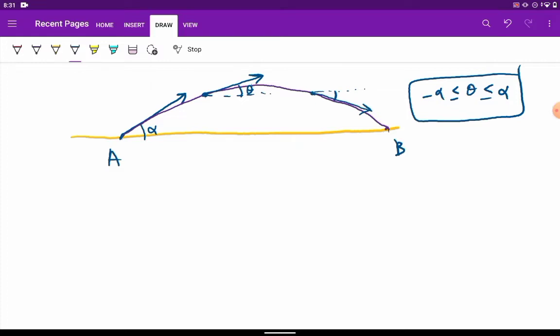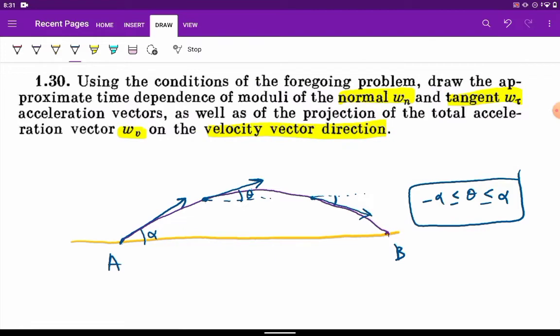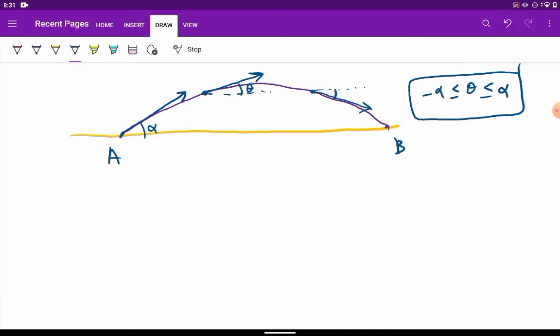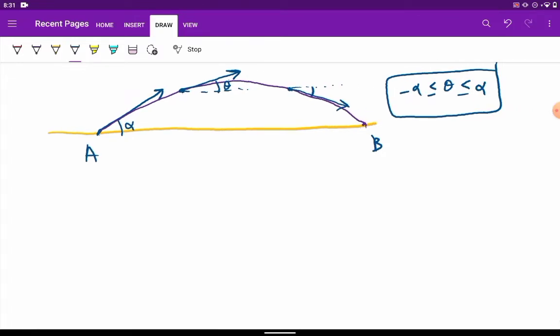So what do they mean by this tangential? So first of all, let's see normal. What is normal acceleration? See, the main acceleration is only due to acceleration due to gravity. There is no other source of acceleration. There is only acceleration due to gravity. So I'm just drawing this part here. At this t, velocity is making an angle theta.